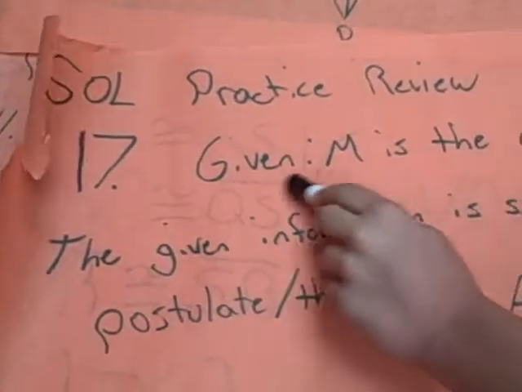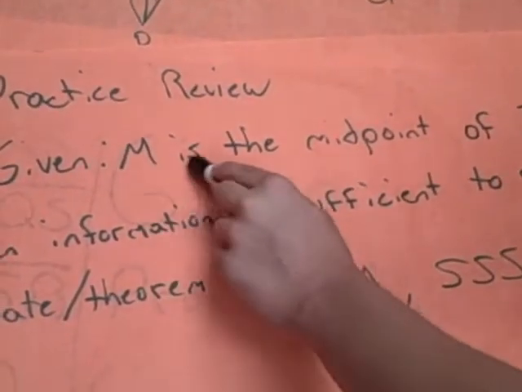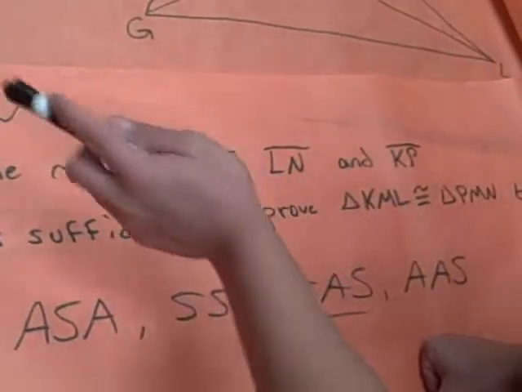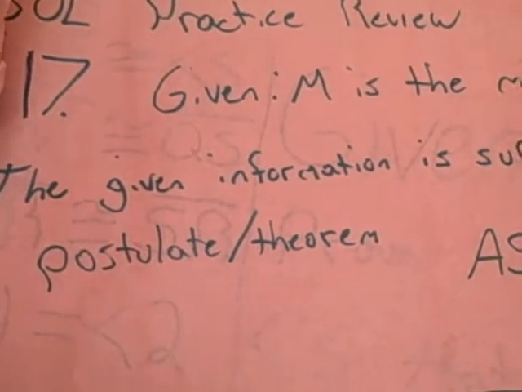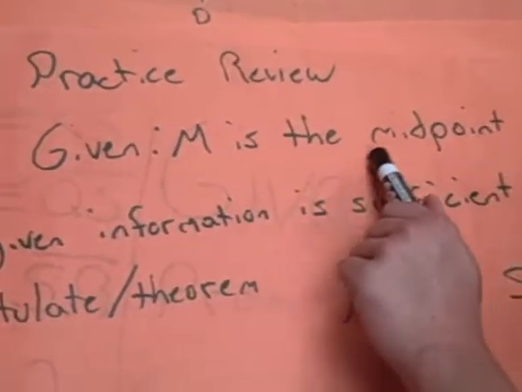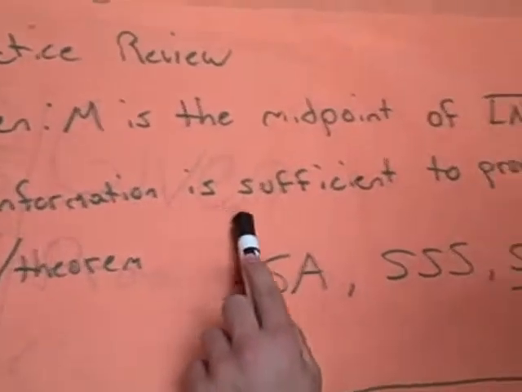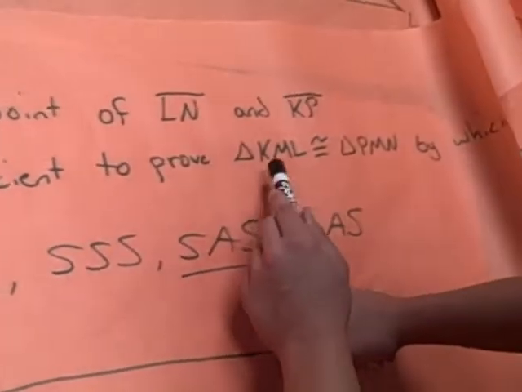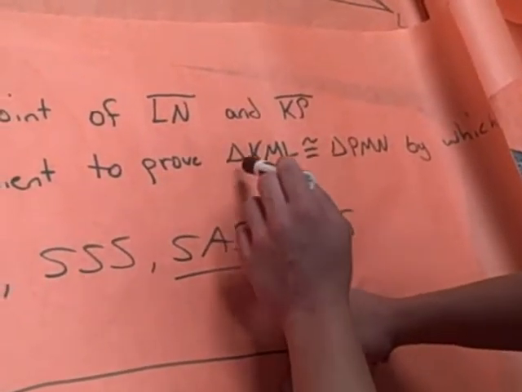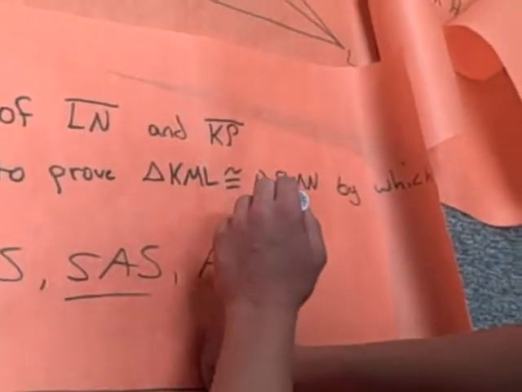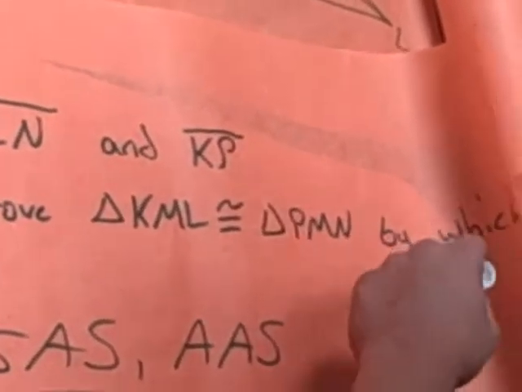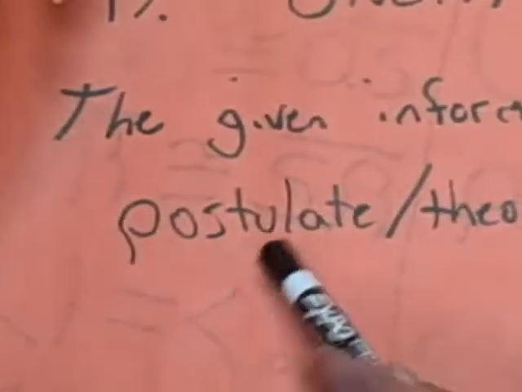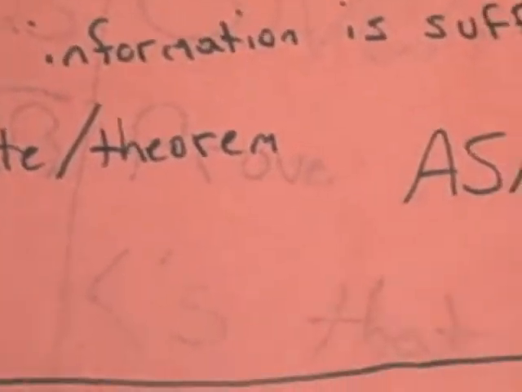Given that M is the midpoint of LN and KP. The given information is sufficient to prove that triangle KML is congruent to triangle PMN, by which postulate or theorem?